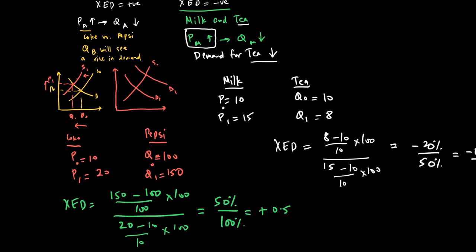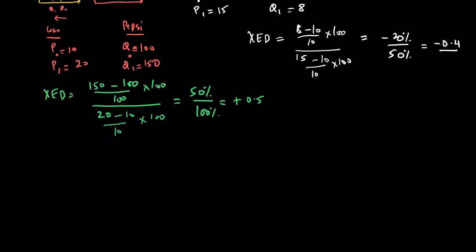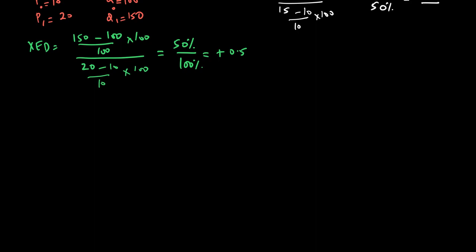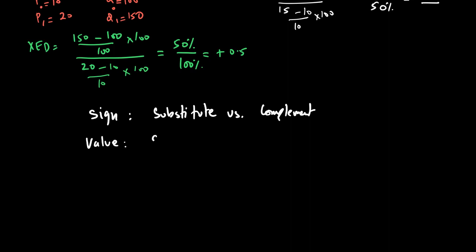The next discussion I want to quickly have is basically what does the value tell us. We know that the sign tells us whether it's a substitute versus complement. But what about the value? The value tells us what we call the strength of the relationship.